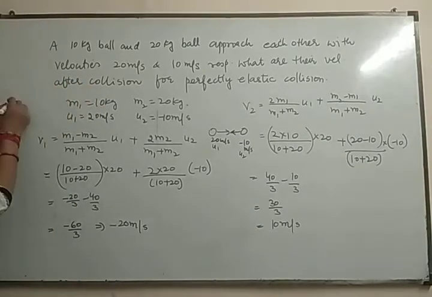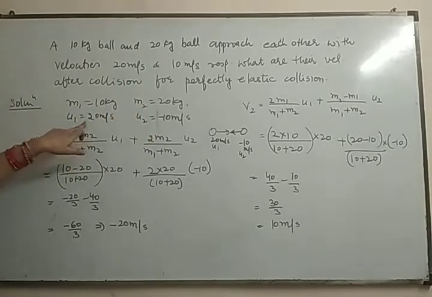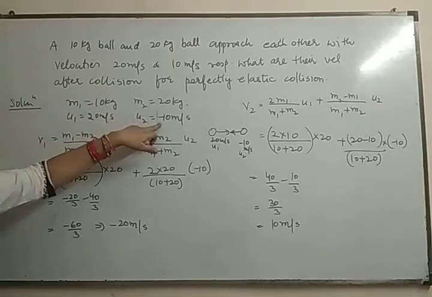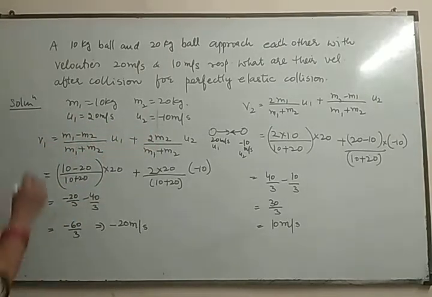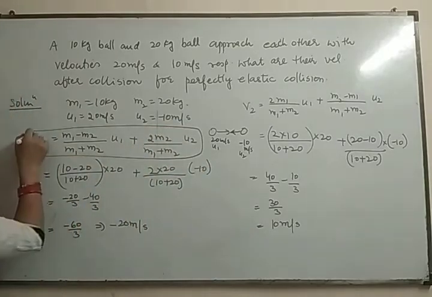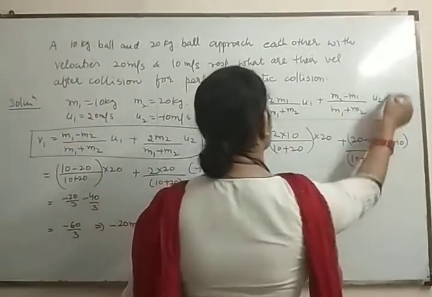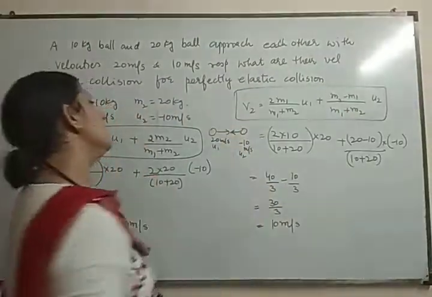So write down the parameters given to you: m1 is 10 kilogram, m2 is 20 kilogram, velocity u1 is 20 and u2 is minus 10, and you have the formula for the velocity after collision that we calculated during the derivation. This is for the first object and this is for the second object.